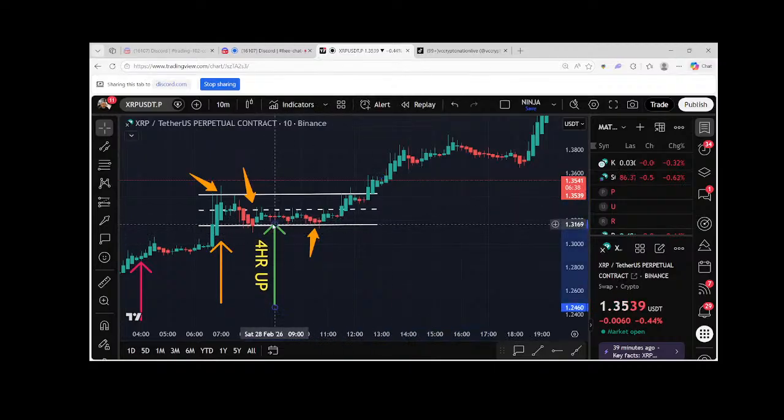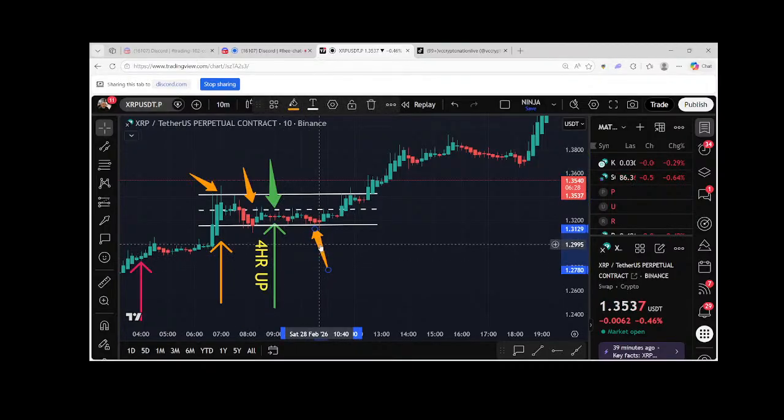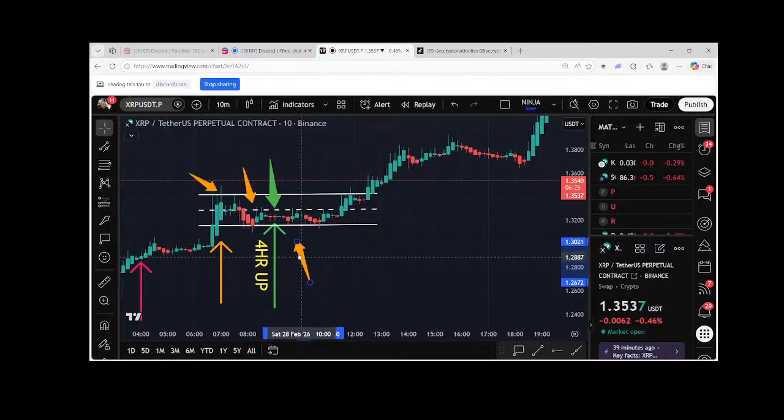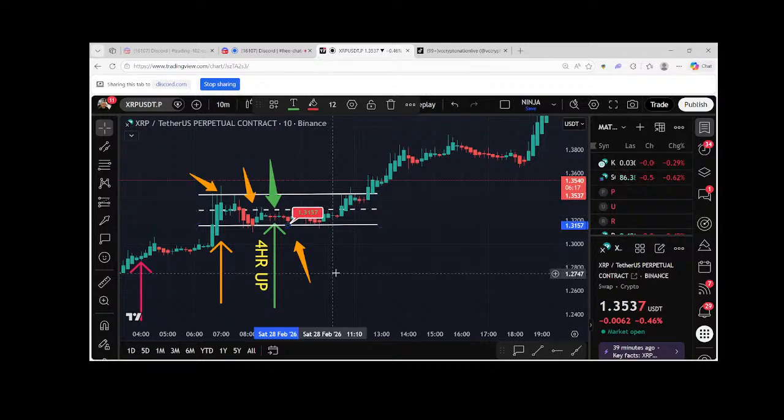Now, what we look for, now that we have all these things happening, is since the 4 hour starts to go up here, right on this candle, and we'll turn it green because that's when we see the 4 hours start to head up. This is where we could say to ourselves, if this is our trade strategy, then that's where we would say, okay, I'm going to put my buy in on the support. See?